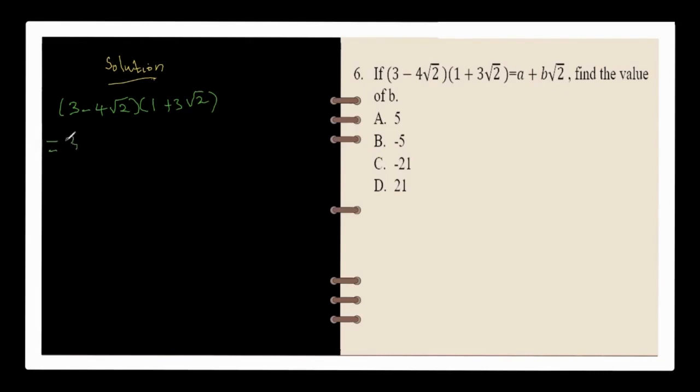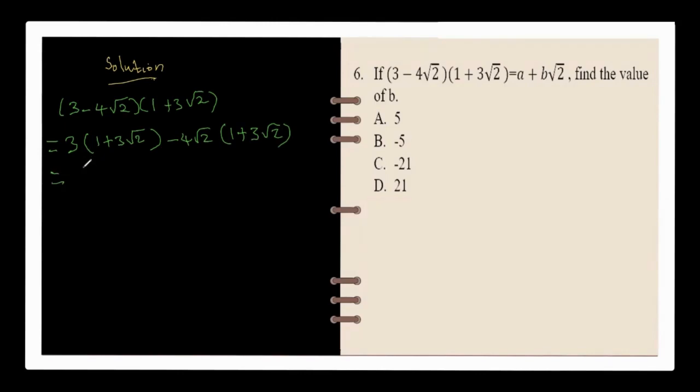Now we use this 3 to multiply all the elements of this second bracket, and we use minus 4 root 2 to multiply all the elements of this second bracket.